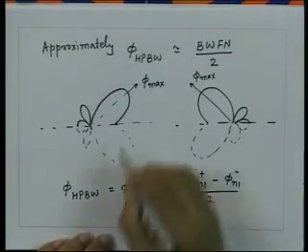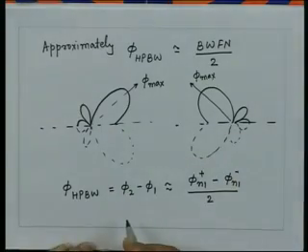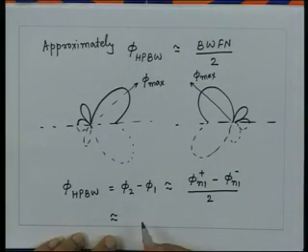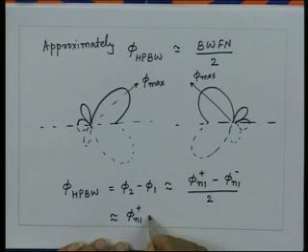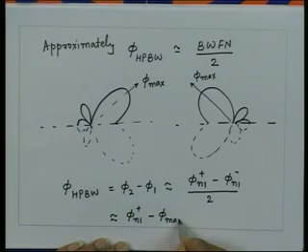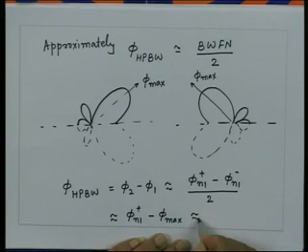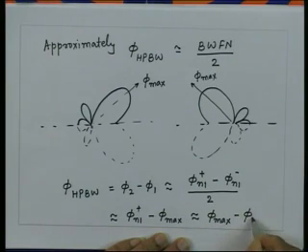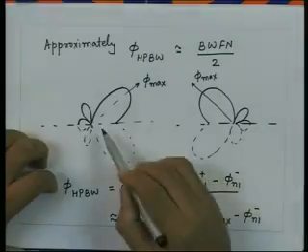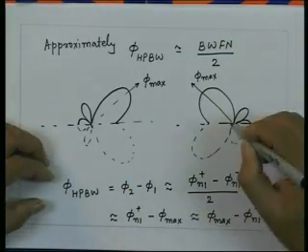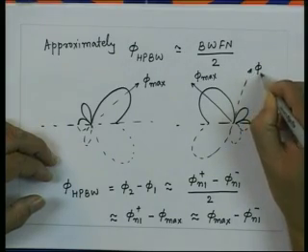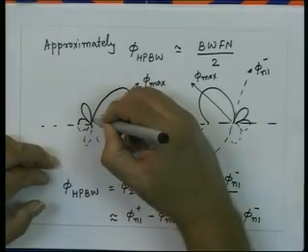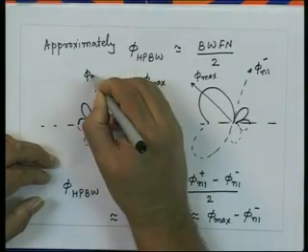And if the direction of the maximum radiation is phi max, that is approximately equal to phi n1 plus minus phi max, and that is approximately also equal to phi max minus phi n1 minus. So if I consider any nulls, in this case this would correspond to phi n1 minus, and this would correspond to phi n1 plus.